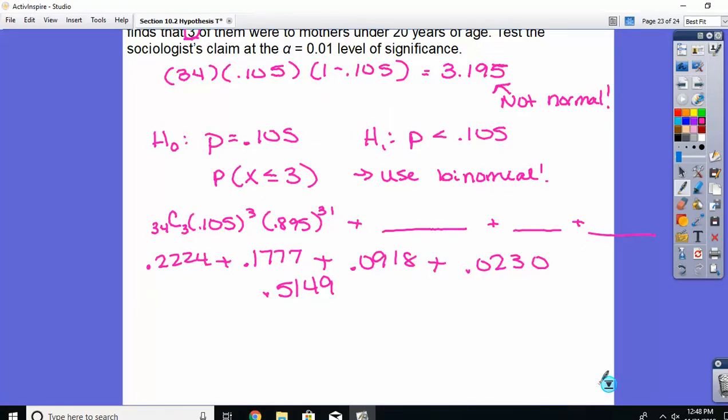So what this tells me is, under the assumption that the probability is still 0.105, having 3 or less has a probability of 51.49%. Is that unusual? No. My alpha level here was what, 0.01? So since 0.5149 is greater than my alpha, we fail to reject.